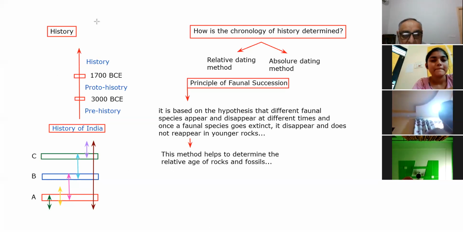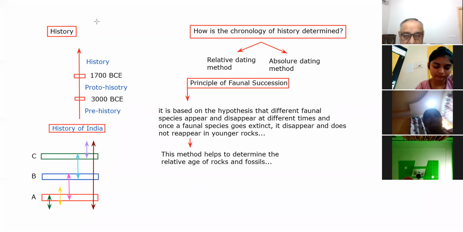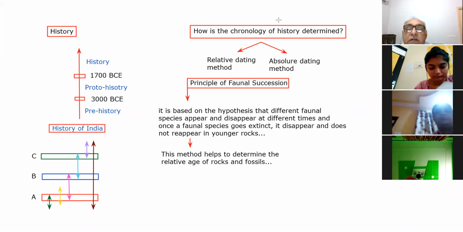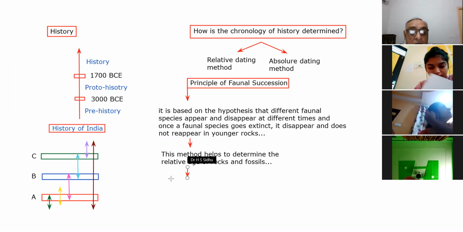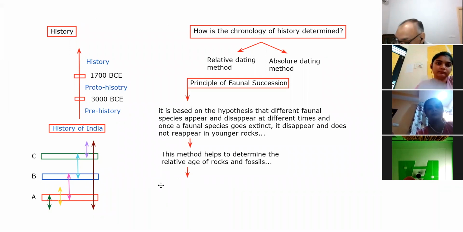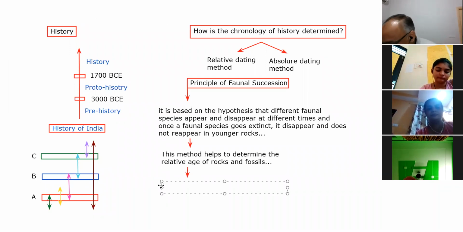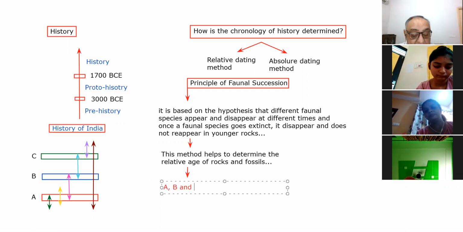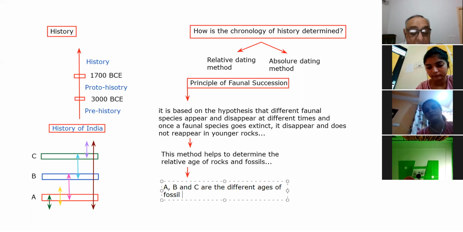So let me write it here. Here I would like to say that A, B, and C are the different ages of fossil assemblage, right?